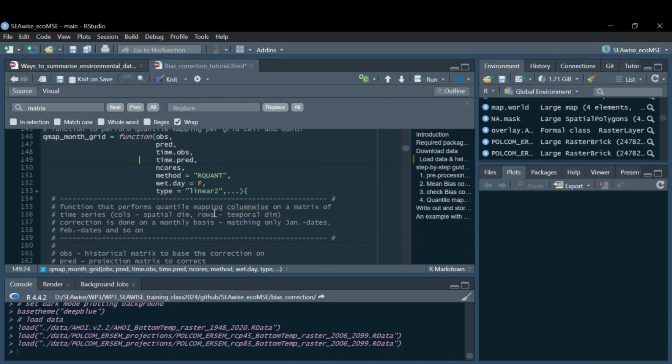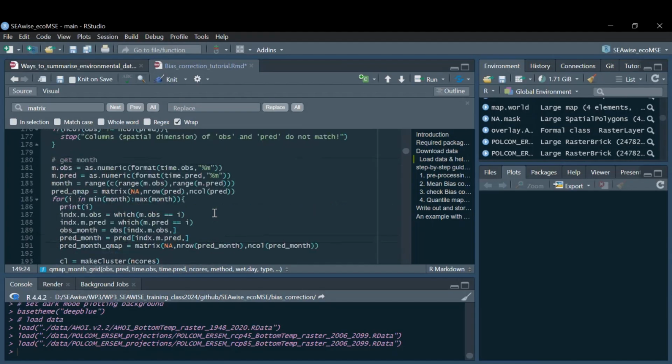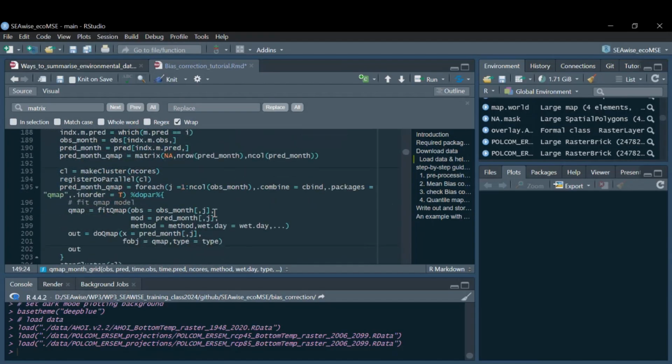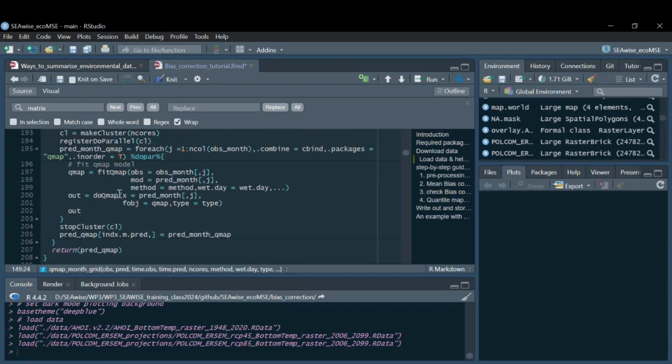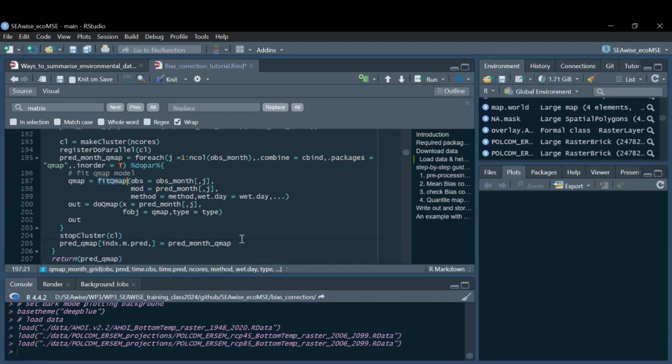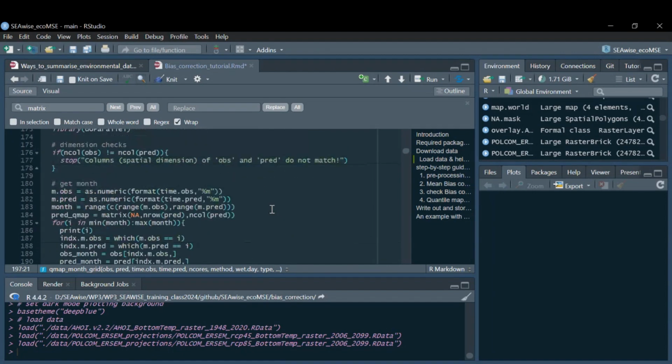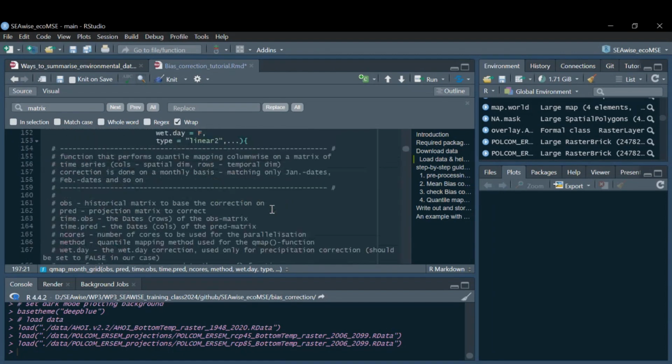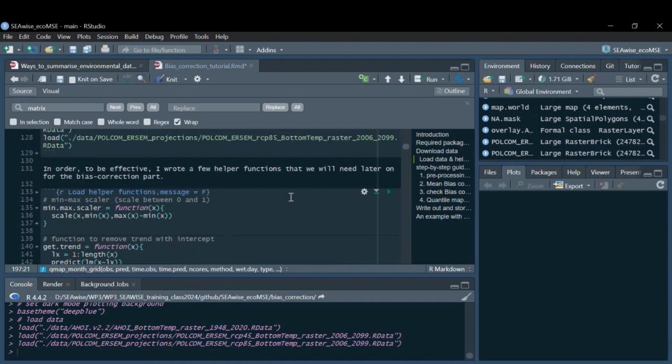It's a wrapper function around the QMap package, which does the fitQmap and the doQmap, which basically is implementing the algorithm. And yeah, that's it on helper functions.